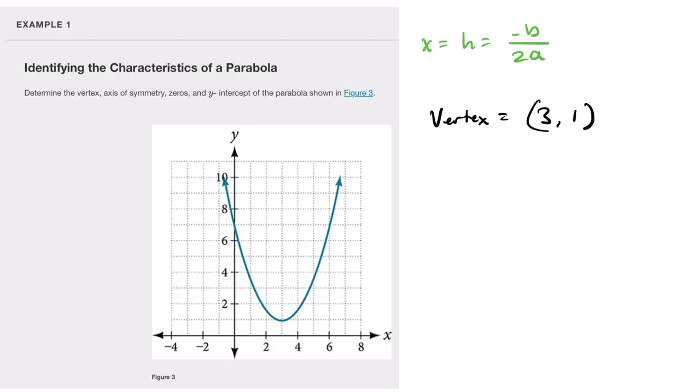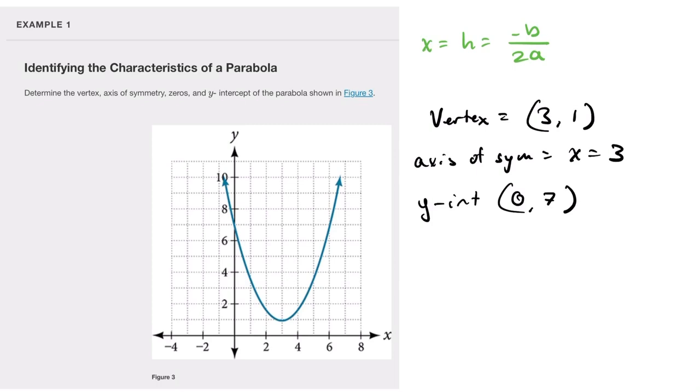The axis of symmetry is going to be the x-coordinate of the vertex. It's going to be x equals 3. The y-intercept is going to be y equals 7, or (0, 7). Well, the zeros, there are no zeros because it doesn't cross the x-axis.